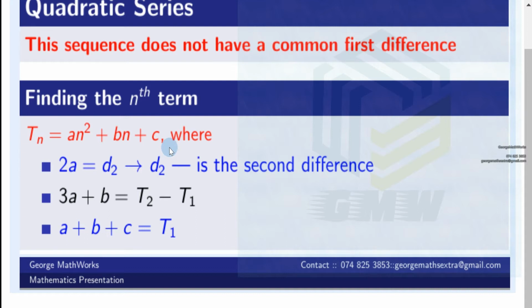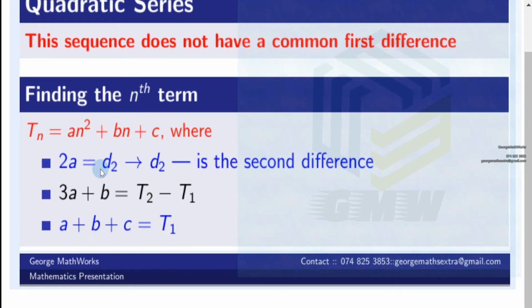Now, there are a few things that one should know from this. Now, Tn given by an squared plus bn plus c. If you are asked to determine the nth term, your job is to find the value of a, the value of b, and the value of c. Now, there are a few equations that can help you to do that. 2a is equal to the second difference, which we shall see with an example soon enough.